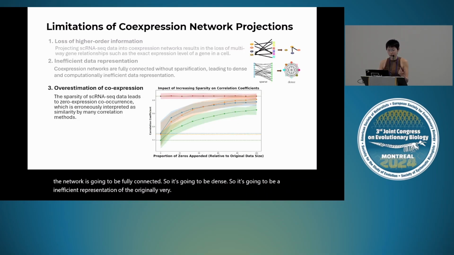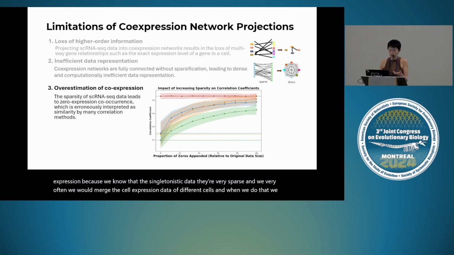And then another problem brought by this projection is the overestimation of co-expression, because we know that the single-cell RNA-seq data are very, very sparse, and very often we would merge the cell expression data of different cells. And when we create this unified data set, we would include genes that are in every cell's profile. And through that, we would introduce significant sparsity.